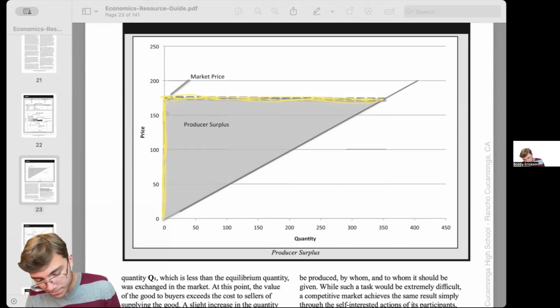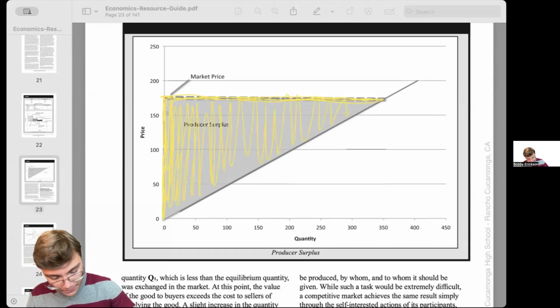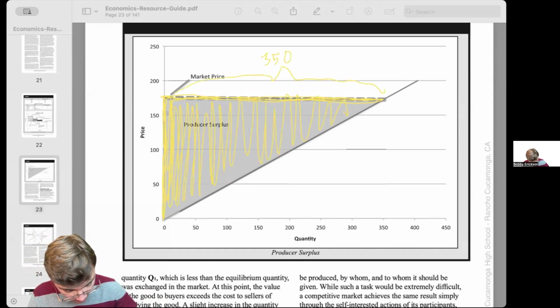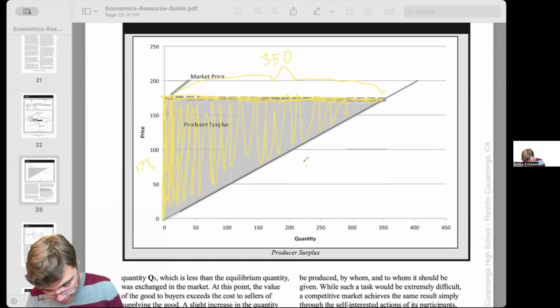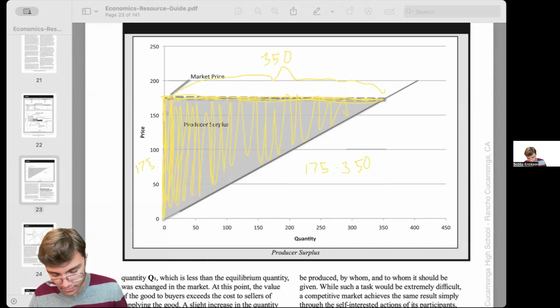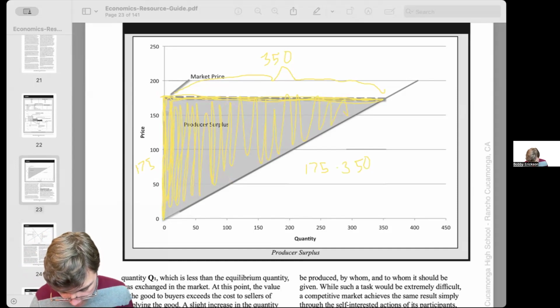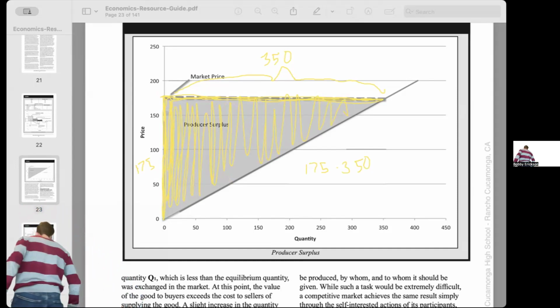Now, we can then add up all the little lines and we get 350 times 175, and therefore 175 times 350. Do I have my handy dandy calculator with me real quick?